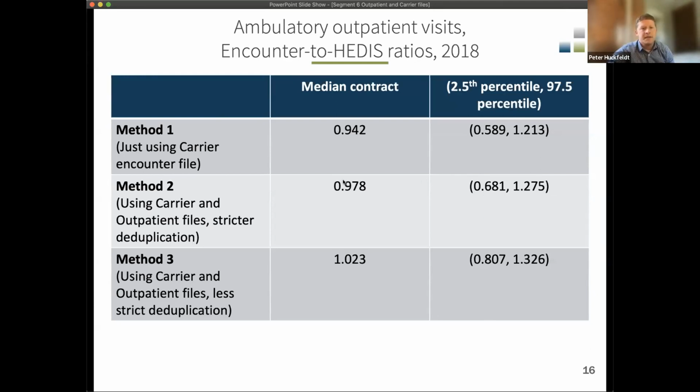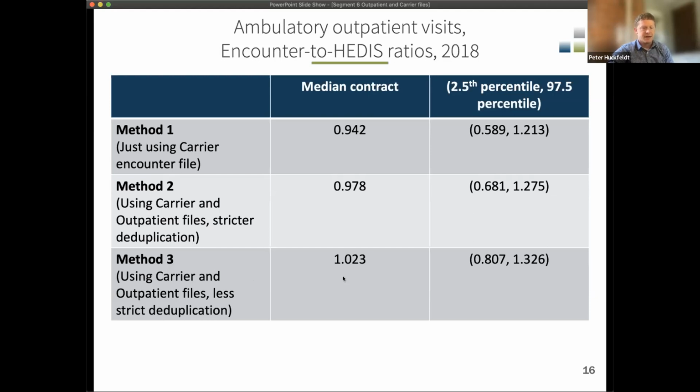As we add in the outpatient files in method 2 and method 3, we capture more outpatient visits. Our preferred approach, which we'll look at in more detail, is method 3, which uses the carrier and the outpatient files and has a less strict deduplication.